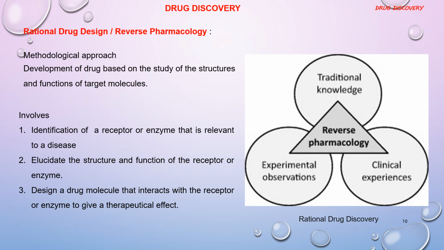It involves the identification of the receptor or the enzyme that is relevant to a disease, elucidating the structure and function of the receptor or enzyme, and then designing a drug molecule that will possibly interact with the receptor or enzyme to give a therapeutic effect.